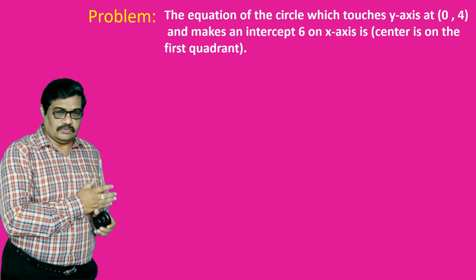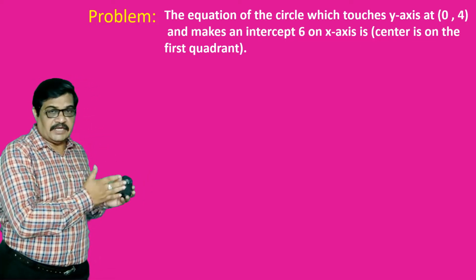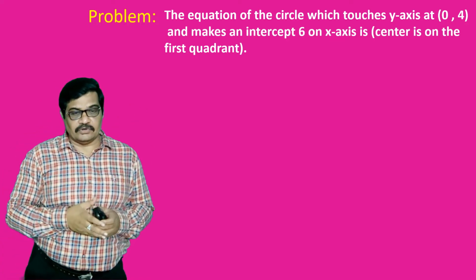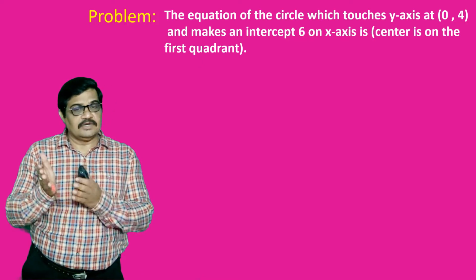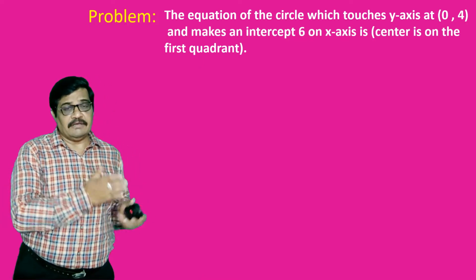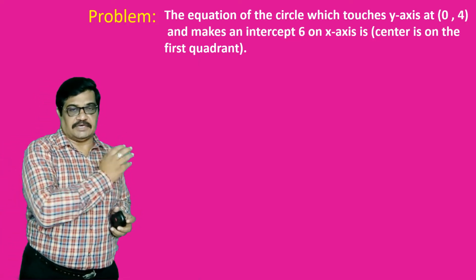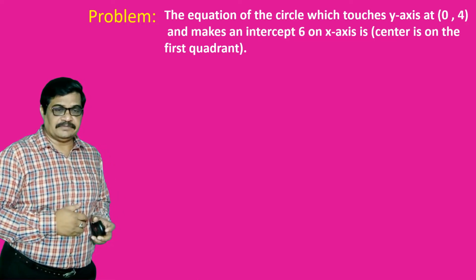Now we have to find the equation of the circle. That circle touches the y-axis at (0, 4) and makes an intercept of 6 units on the x-axis. Here it is given that the center is in the first quadrant. That is our problem. See the solution.